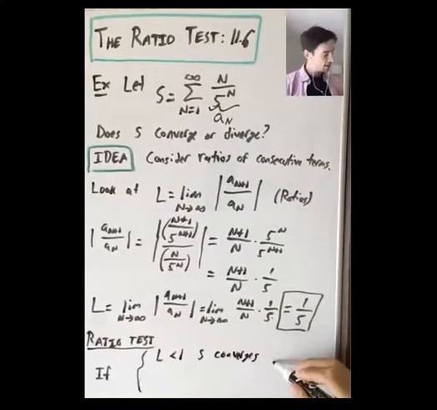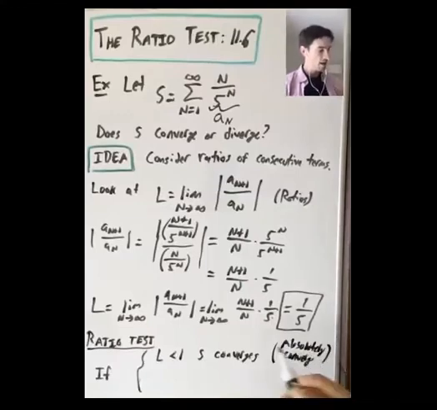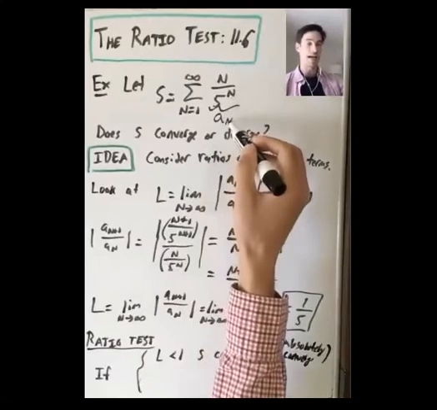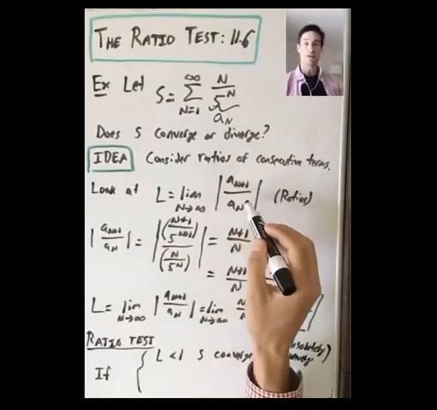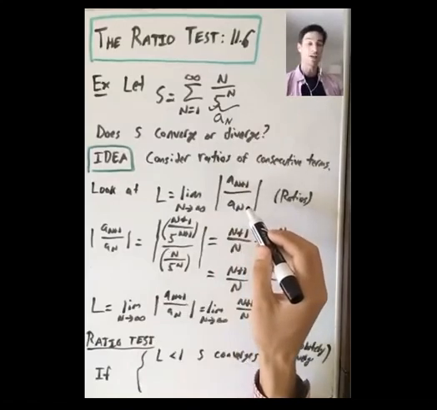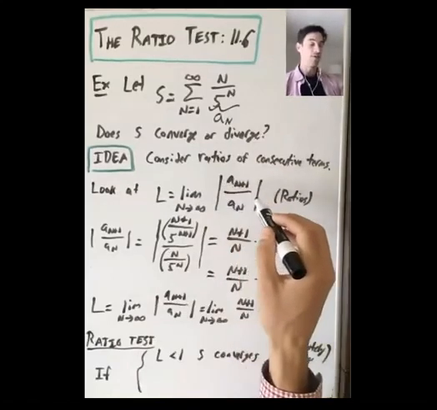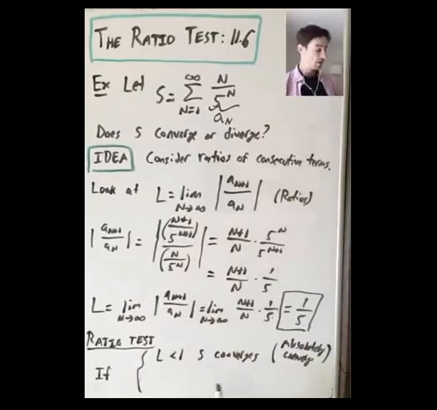It says that, in fact, S is absolutely convergent, that S will still converge if we put absolute values in around a_n. Why does that make sense? Well, we're not just looking at the ratio of consecutive terms, but the absolute value of the ratio of consecutive terms. So it makes sense that this convergence test would tell you something about what happens when you replace a_n with the absolute value of a_n.